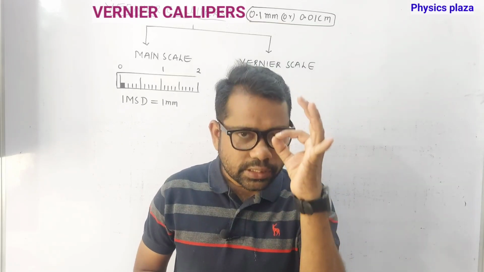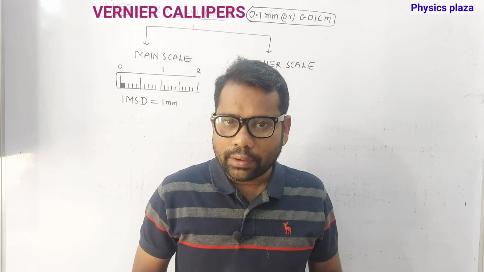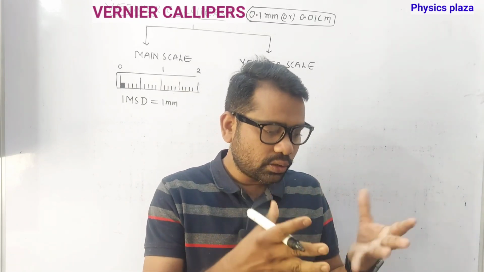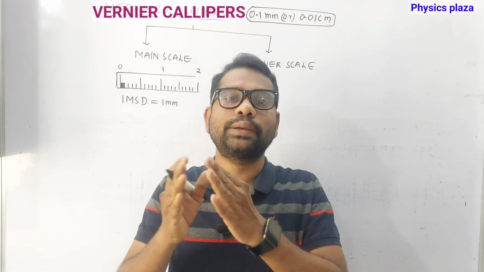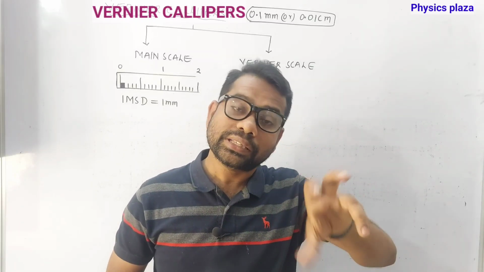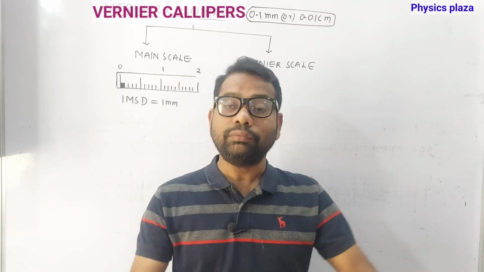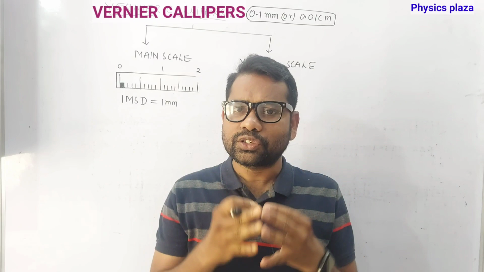Now the very important thing is how the Vernier scale is designed. Children, this is the point where we have to concentrate more. Our intention is not just to calculate the least count or Vernier constant, but to understand the concept, because in the exam, if they change the number of divisions in a Vernier scale, we should be able to calculate the least count of that Vernier calipers.